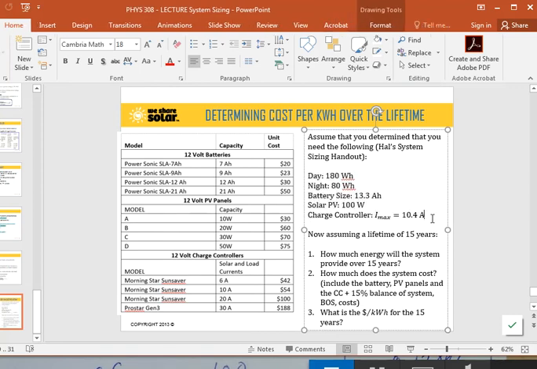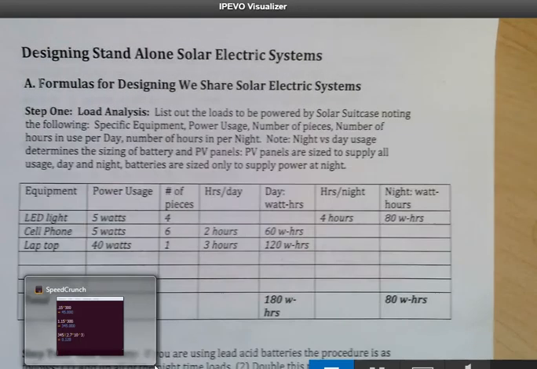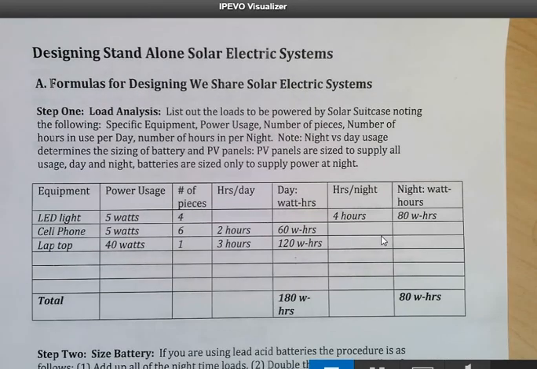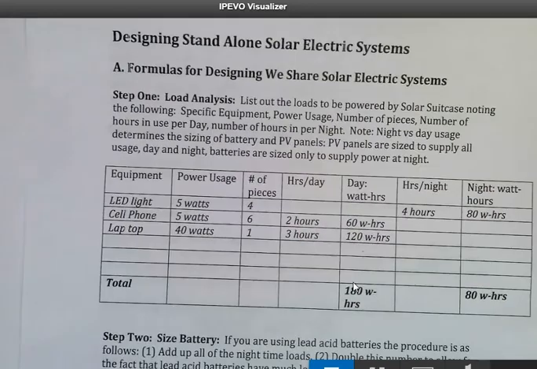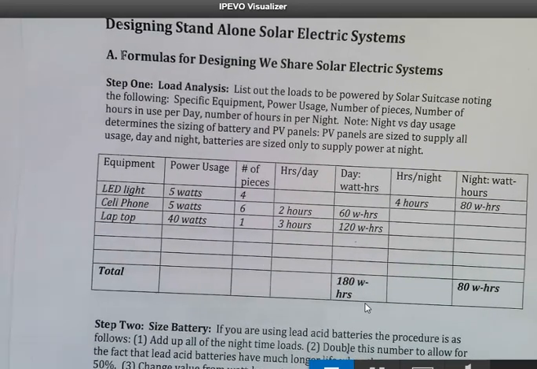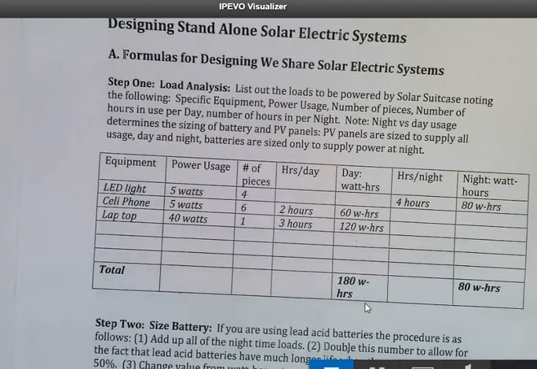These numbers right here, where did these numbers come from? These are the ones that are given in Hal's worksheets, or sorry, Hal's system sizing handout. I forgot what it's called. This is going to be the template that you're going to use to figure that out, but all the calculations are done in here.